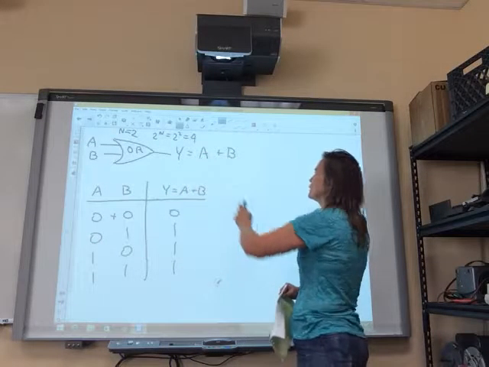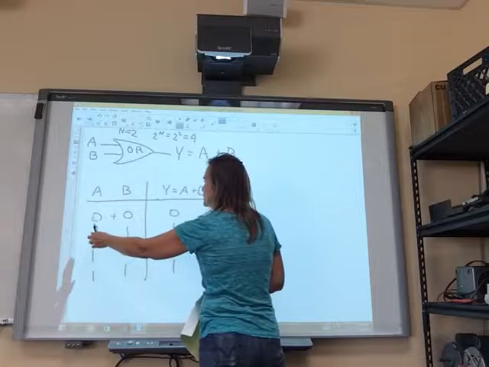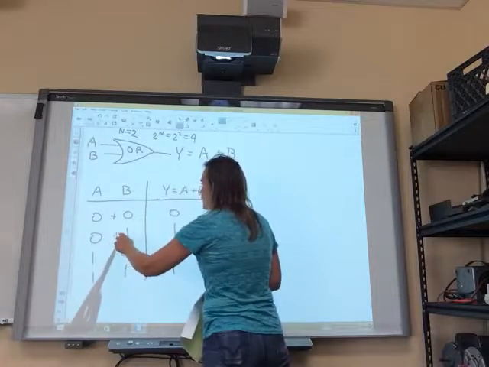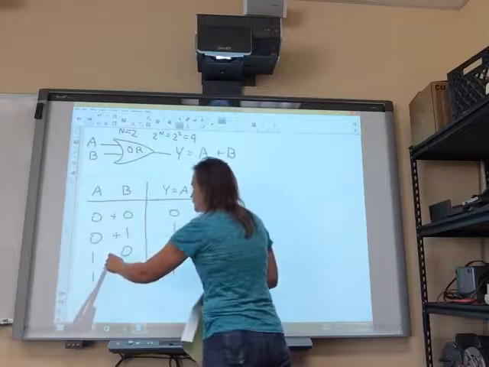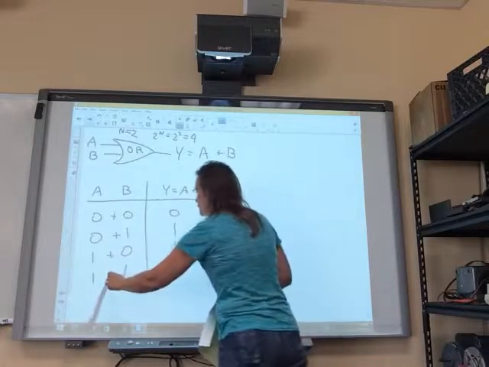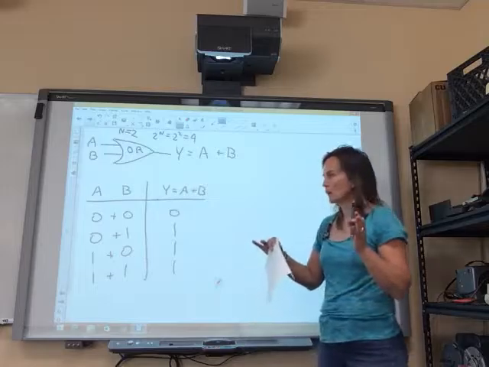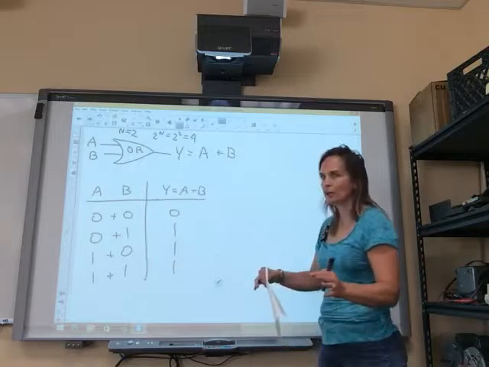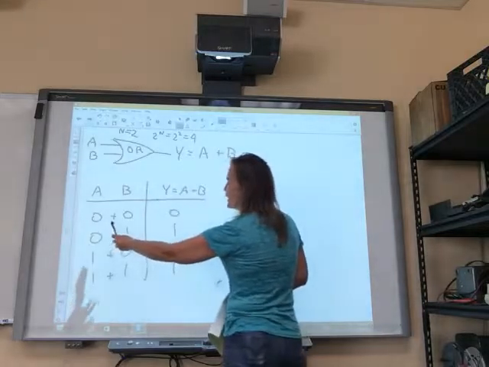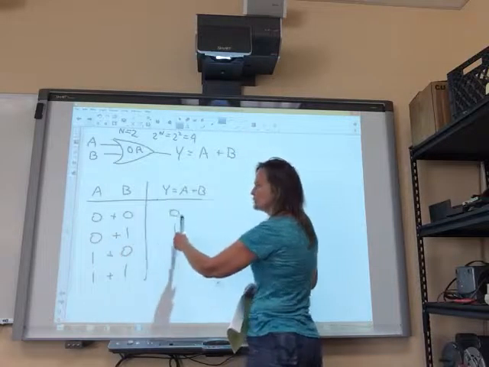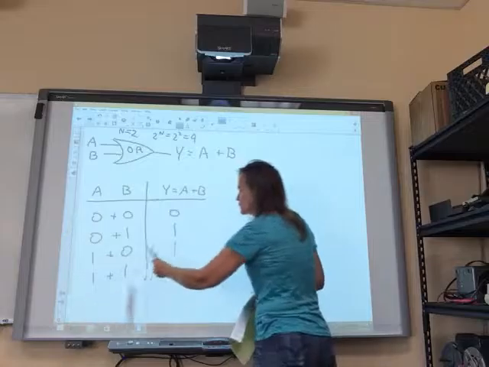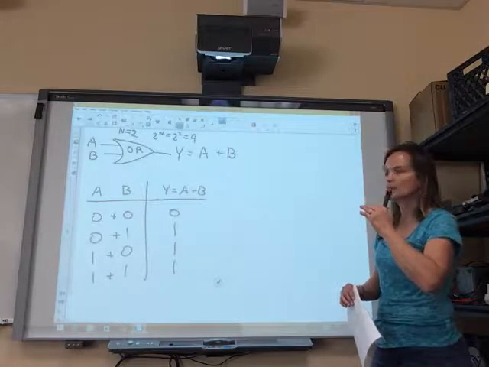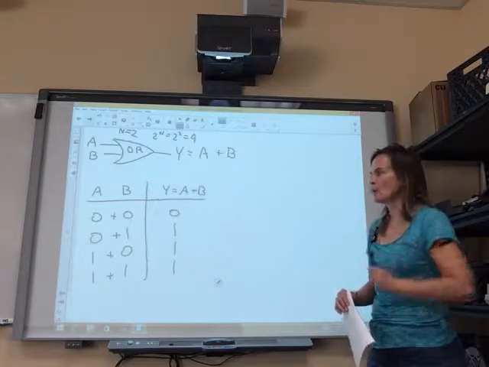If we use this plus sign and call it an OR, 0 or 0, we're going to get a 0. 0 or 1, we're going to get a 1. 1 or 0, we're going to get a 1. And 1 or 1, actually, in binary addition, we've got 0 plus 0 is a 0, 0 plus 1 is a 1, 1 plus 0 is a 1, and then a 1 plus 1 is a 0 carry the 1.